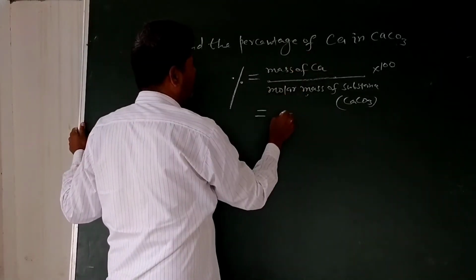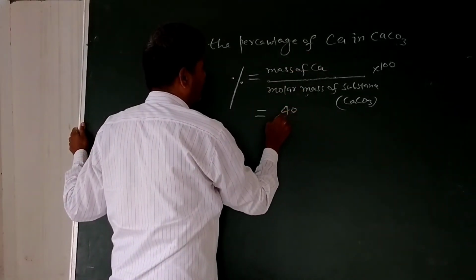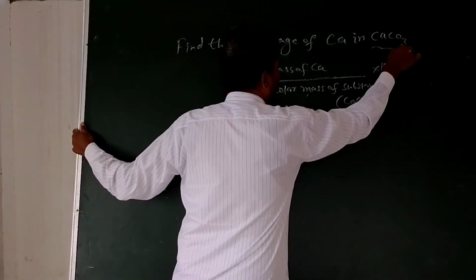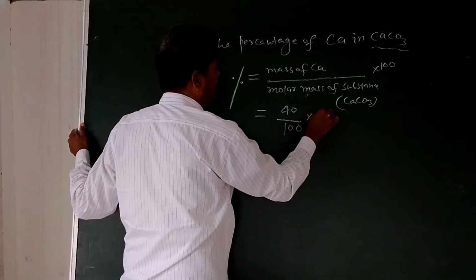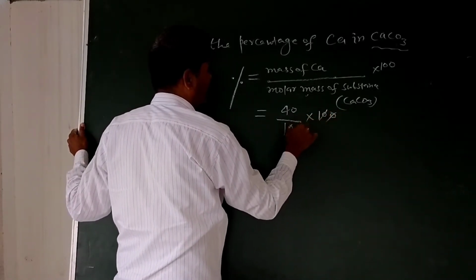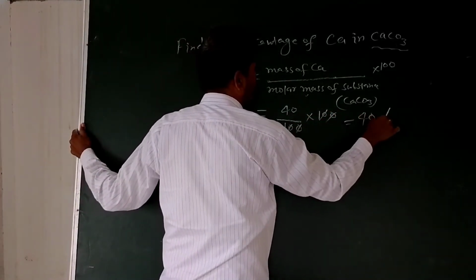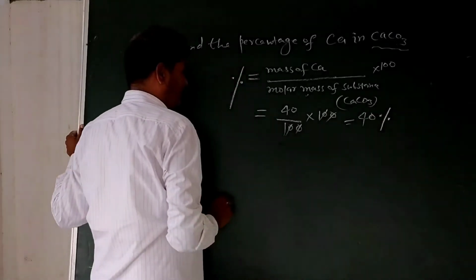The mass of calcium is 40 and the molar mass of calcium carbonate is 100, into 100, 40%.